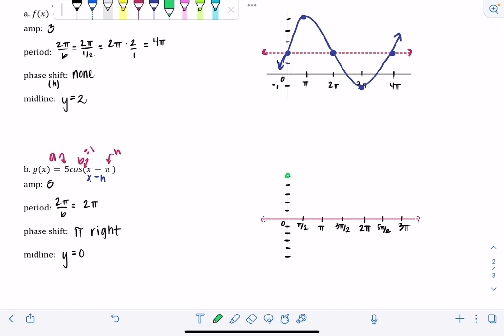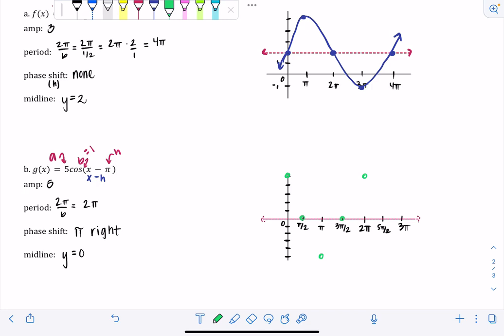So 2 pi and then 5 up here, and then halfway through the cycle, we should be at a minimum, which would be 5 below the midline. So at pi, and then -5 down here. And then the other 2 points are just going to be right on the midline. So the quarter of the way mark, that's pi over 2, and then 3 pi over 2 is on the midline as well. So basically it's the cosine, but just stretched with the new amplitude.